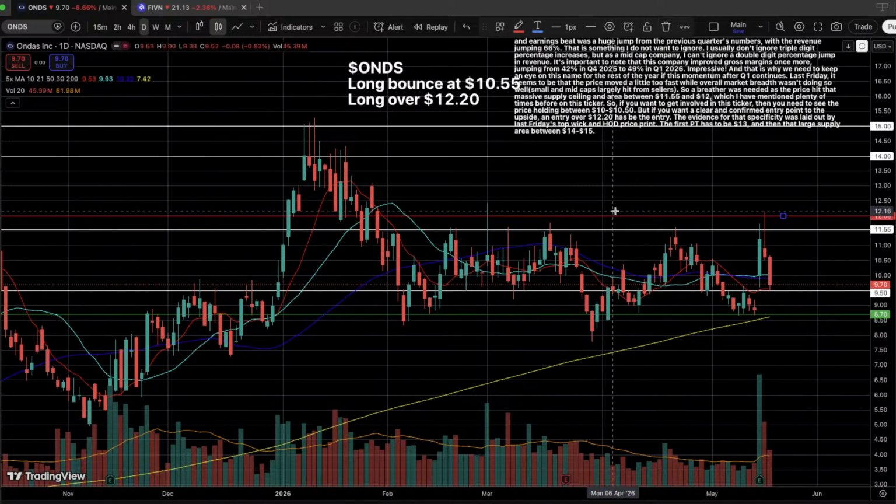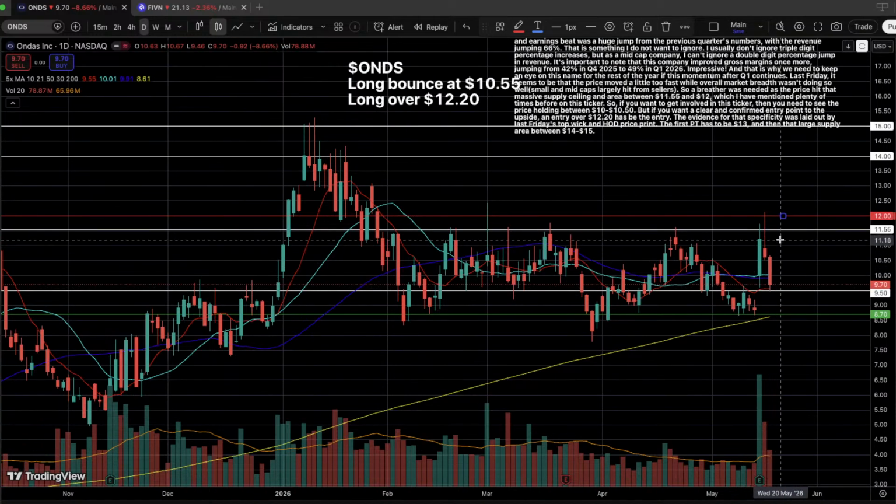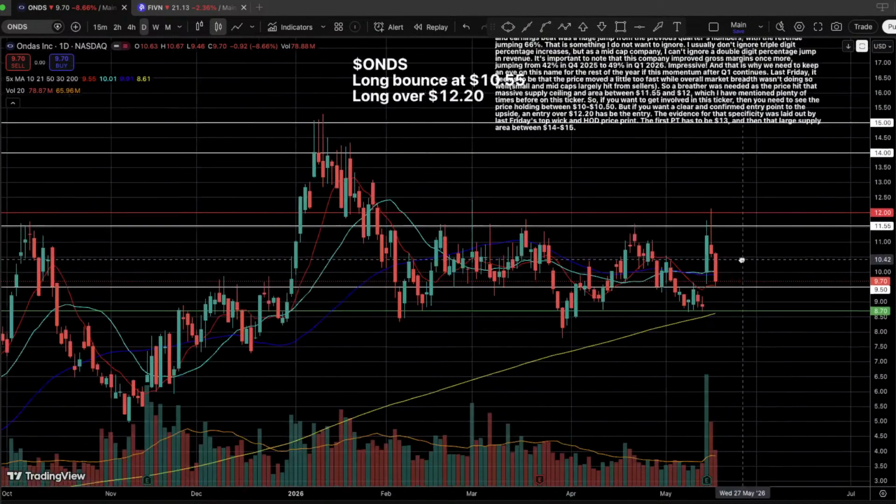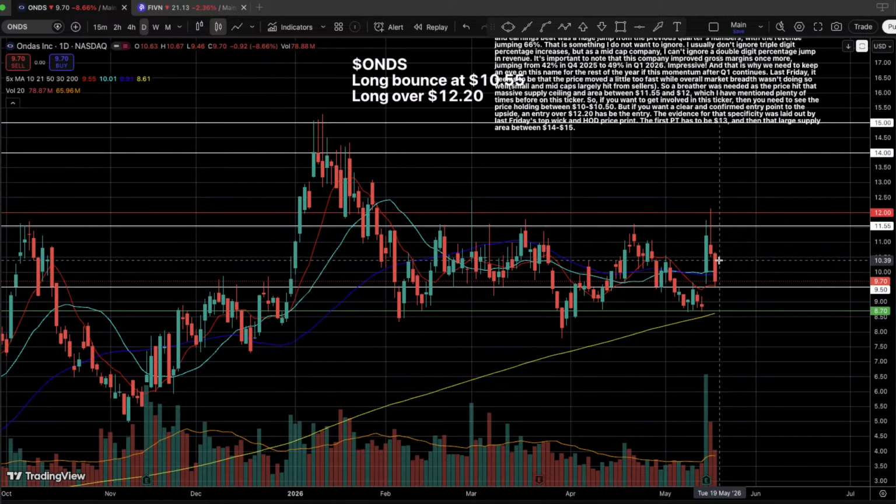Within this massive base, we also have some internal levels, $9.50 and $11.55, and the price continues to range trade between these two levels within the overall base between $12 and $8.70. So I think there's a good chance, well, there is an opportunity here, right?